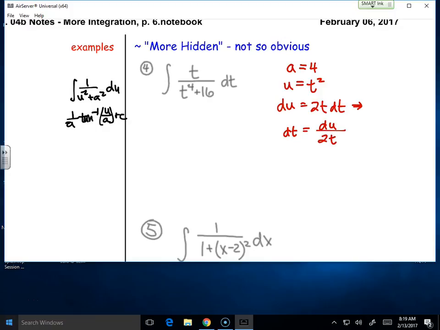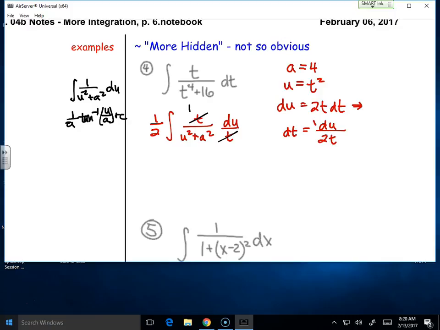We need a 1/2 to make it work. So we're going to do the integral of du. Can I pull the 1 over 2 out here, guys? Is that okay? But I still technically have a t on top, and I have u squared plus a squared. What happens to my t's? They're out of there. Understood, 1 chilling up there.